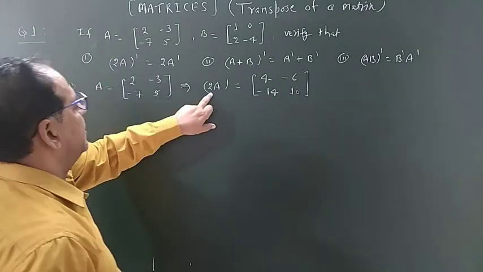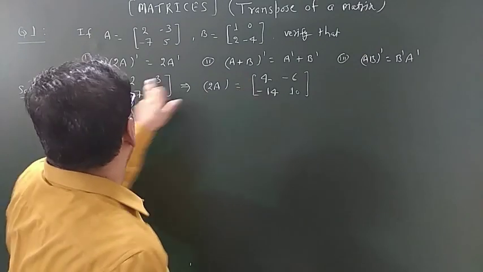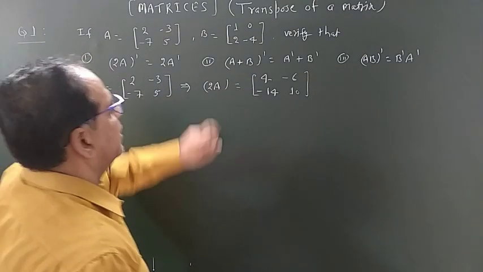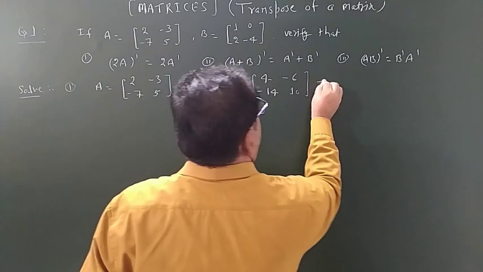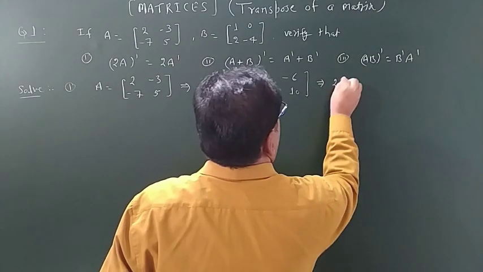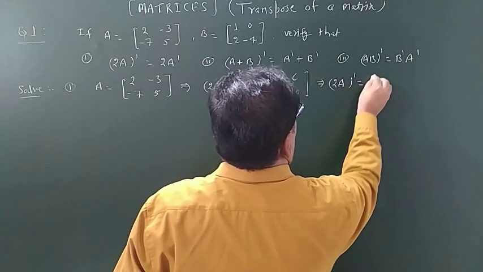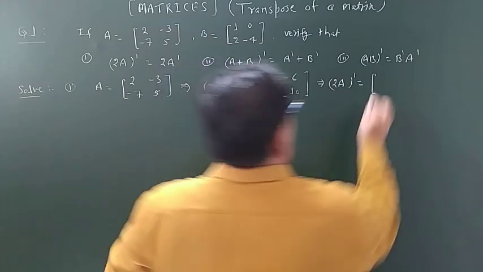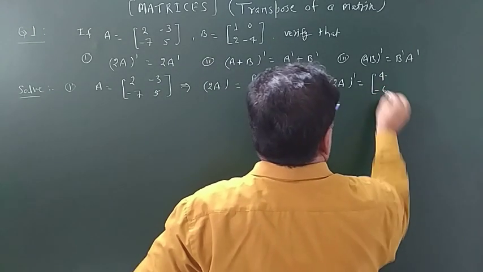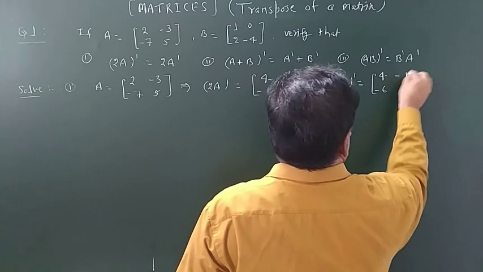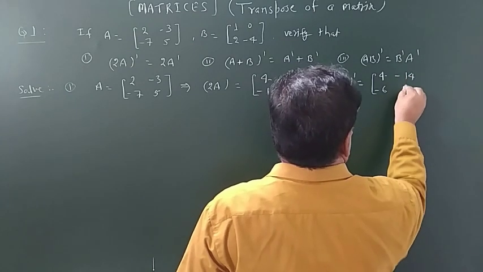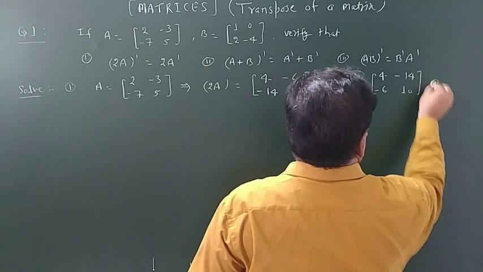This is a scalar multiplication. So 2A becomes 4 -6 -14 10. This implies that (2A) transpose equals, interchanging the row and column, 4 -14 -6 10. This is equation number one.